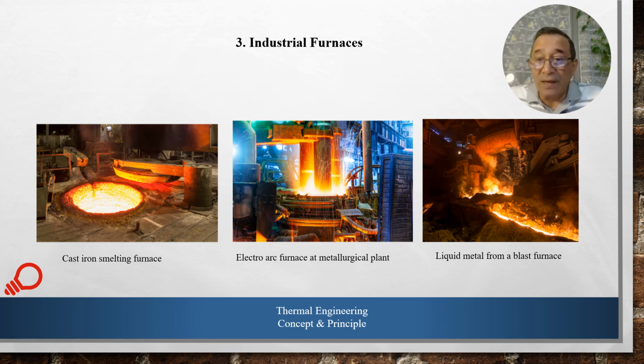And we may consider the arc furnace, where it is used to remove the impurities of carbon in the metal, such as pig iron. And another type, which is the blast furnaces, are used for the steel industry.